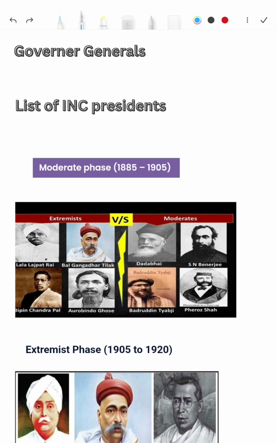So they relied on constitutional agitations, and their methods were prayers and petitions. Leaders included Dadabhai Naoroji, S.N. Banerjee, Badruddin Tyabji, the first Muslim president, and Feroz Shah Mehta.